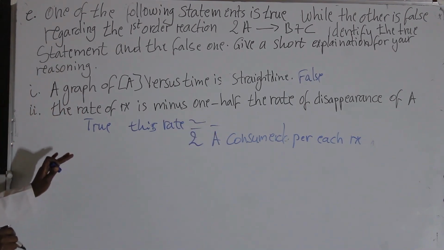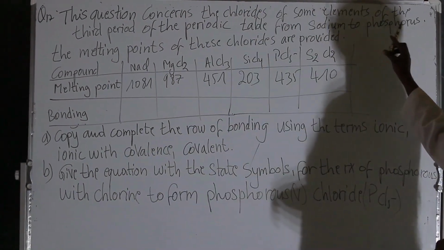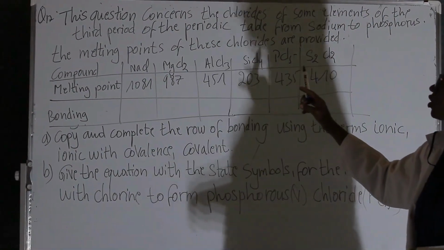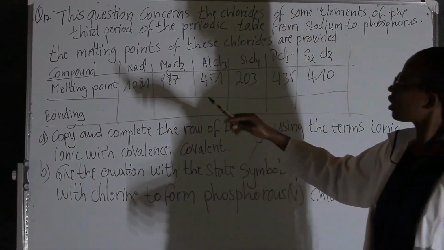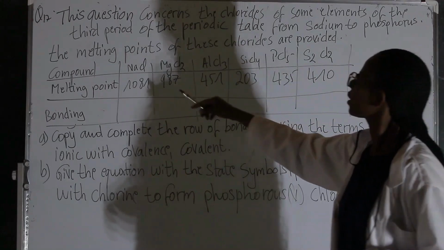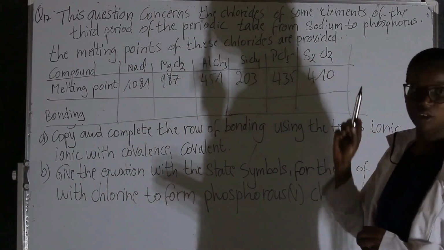Let's move on with question 17. This question concerns the chlorides of some elements of the third period of the periodic table, from sodium to phosphorus. The melting points of these chlorides are provided.